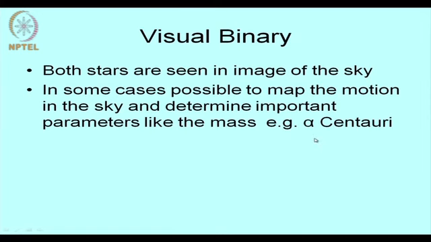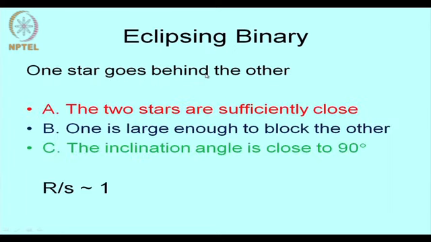Let me now move on to the next kind of binary system, which is an eclipsing binary. So, in an eclipsing binary, you typically cannot make out the two stars distinctly in an image of the sky.